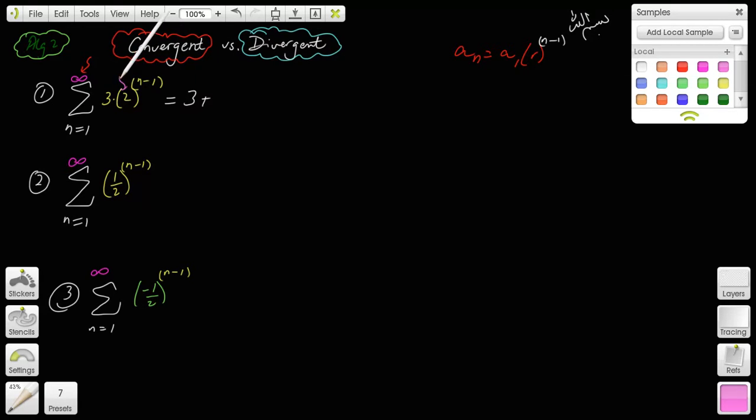Let me write that over here, common ratio. In the form of a geometric series, a sub 1 times r to the n minus 1, the common ratio is that. Let's write a few more terms.